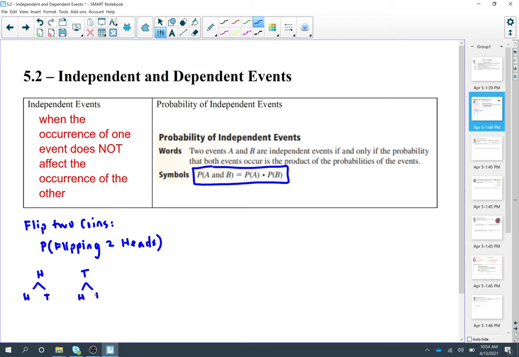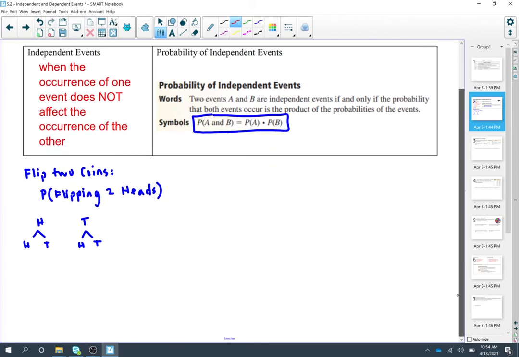If I look at this sample space, I could flip a head and a head, a head and a tail, a tail and a head, or a tail and a tail. From this sample space, I want to know the probability of flipping two heads. Well, that would be right there, which would be 1 out of 4.